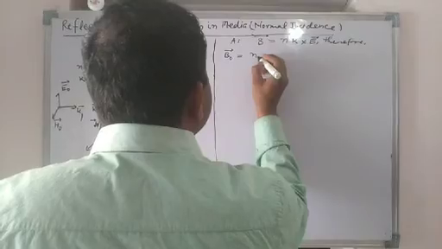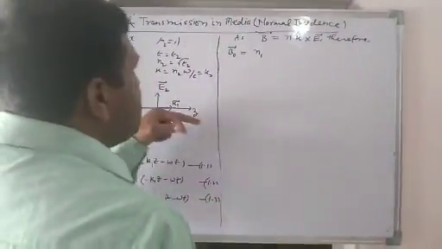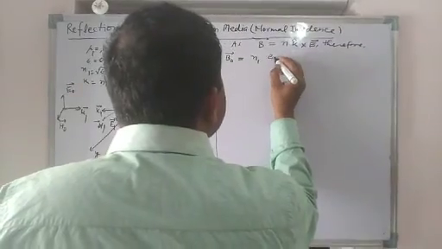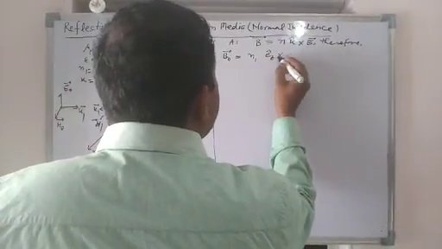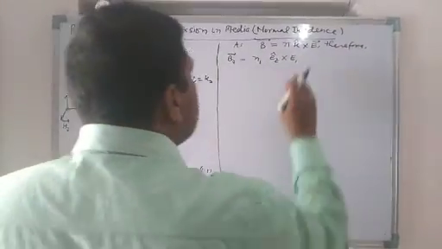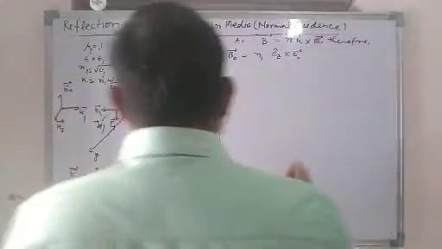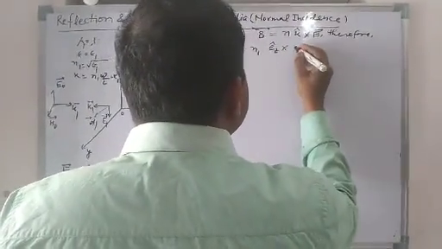N is essentially n1 k hat vector. What is the direction of k hat? That's the z direction. So this is going to be Ez cross E1 naught and E naught naught. Let me just write the form.